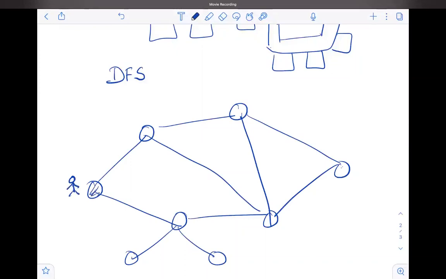Okay, so the first thing you can do is check this vertex, and you have to go and visit all the vertices. You can say, okay, I'll first visit this vertex, then I'll visit this vertex. Then I go from here to the next one, 3. Then I go from here to the next one, 4.